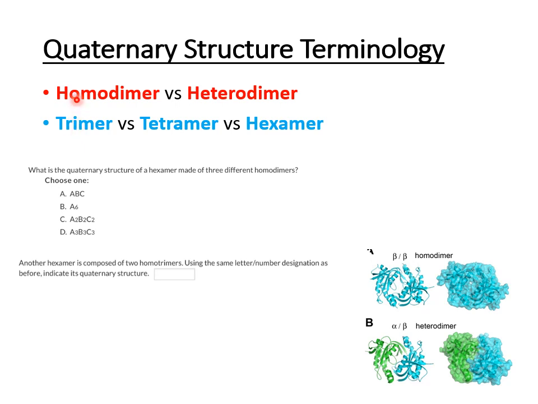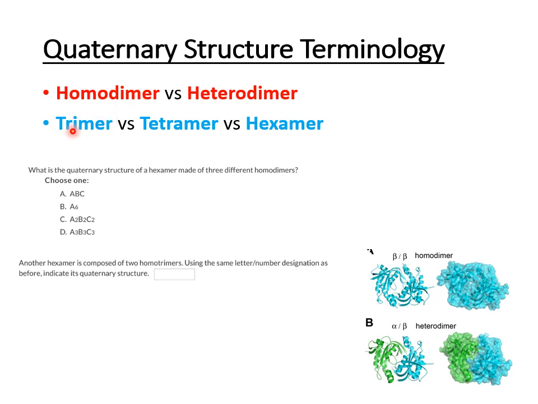So for instance, A subscript 3 would be a homotrimer. If you have A subscript 2, that's a homodimer because you have A and A are identical, two identical subunits.